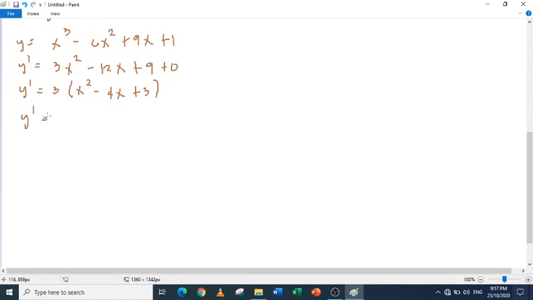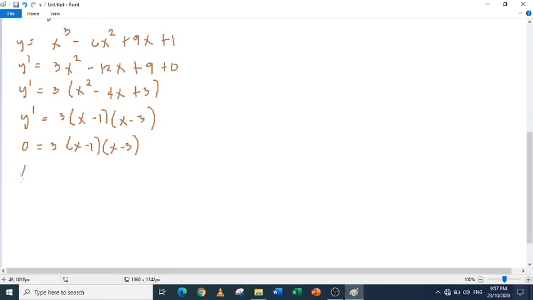And then, what are the roots of this quadratic equation? So, y prime equal to 3. So, we have the following roots. x minus 1 and then x minus 3. And then, as I have said a while ago, set y prime to 0. So, 0 equal to 3 times x minus 1 times x minus 3.